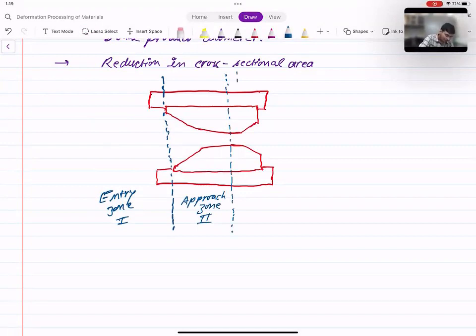Then this one is the third zone, known as the bearing zone.